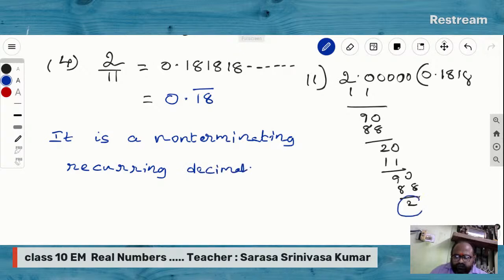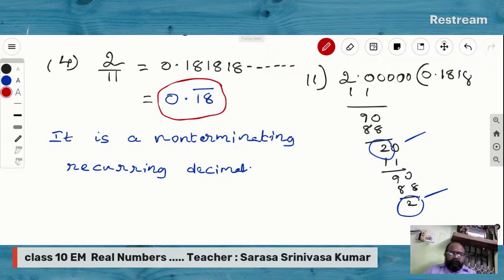Because we are getting 2 again, the same gets repeated. It is not 0.18. It is 0.18 bar. Students must understand the difference. 0.18 means it is a terminating decimal. 0.18 bar, it is not a terminating decimal. It is a non-terminating decimal and a recurring decimal.